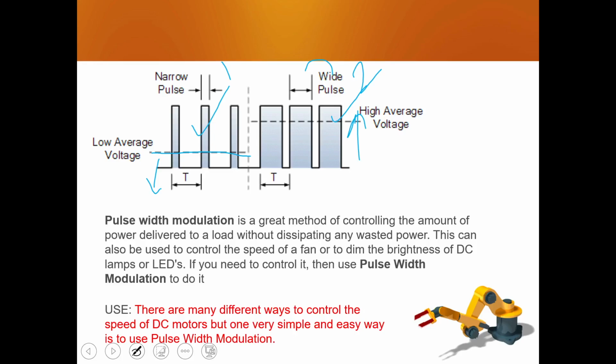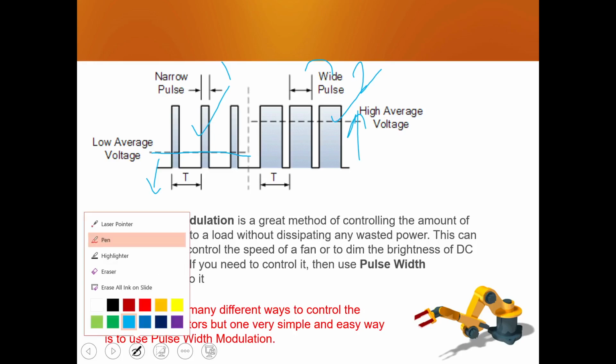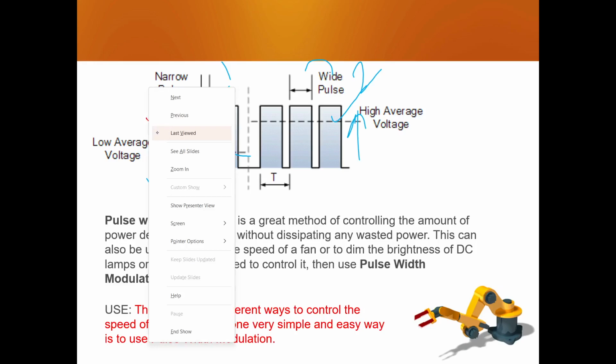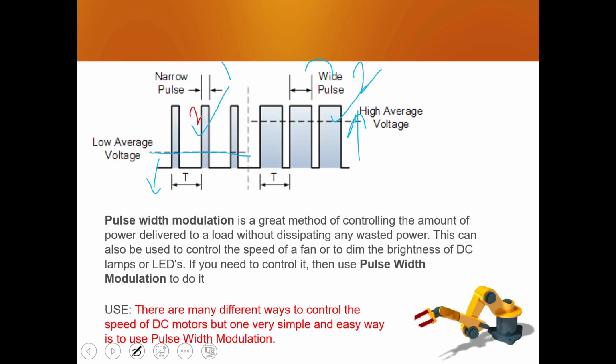Let's understand in a different way. Suppose there are three students. One has got 1, another has got 2, and another has also got 1. So what will be the average here? 4 by 3.